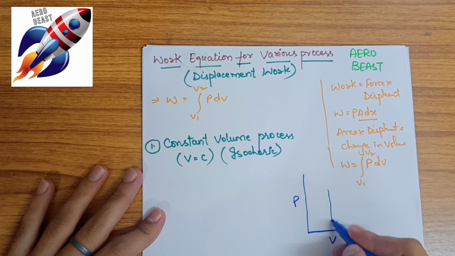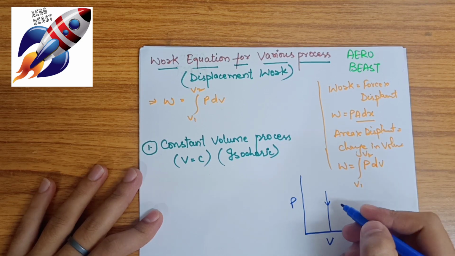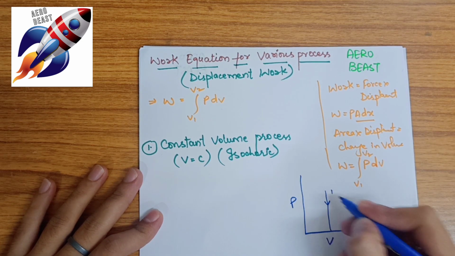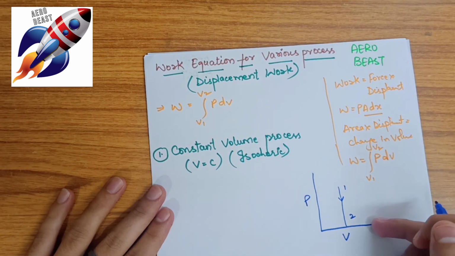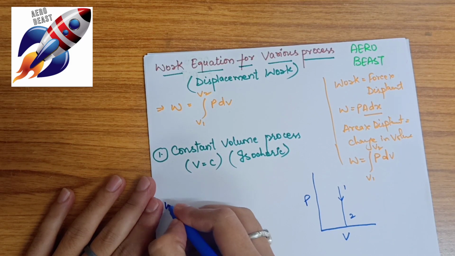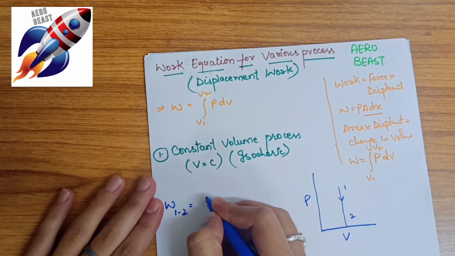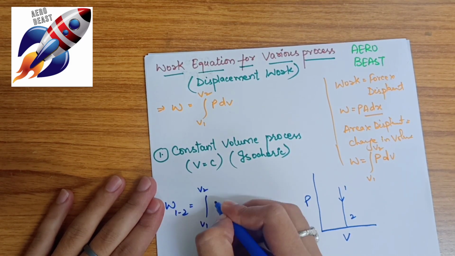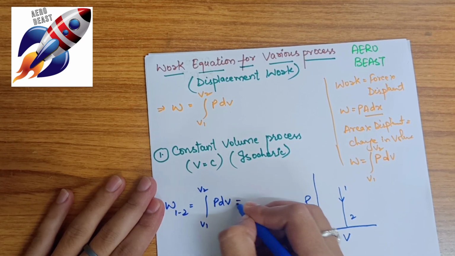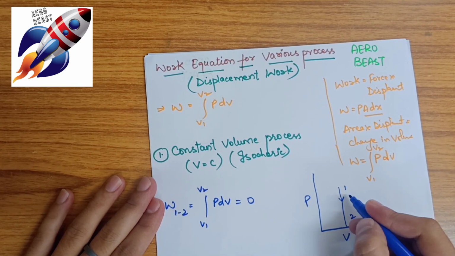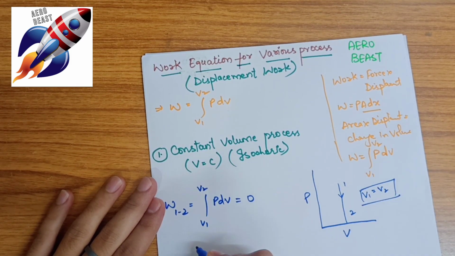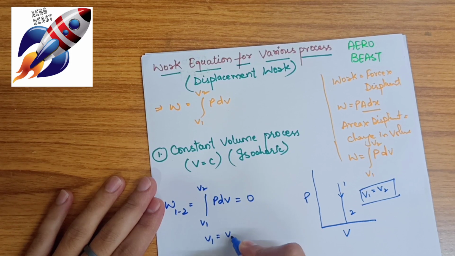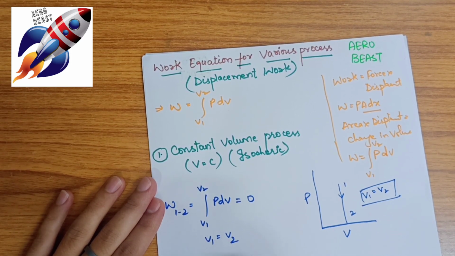This is the graph for constant volume, this one is 1 and this one is 2. From 1 to 2 it goes, and W from 1 to 2 is the integral from V1 to V2 of P dV, which is equal to 0, because V1 is equal to V2. So work done is equal to 0 in that case.